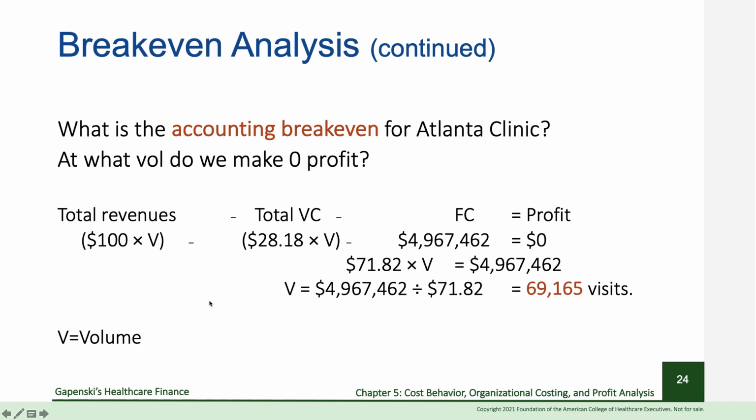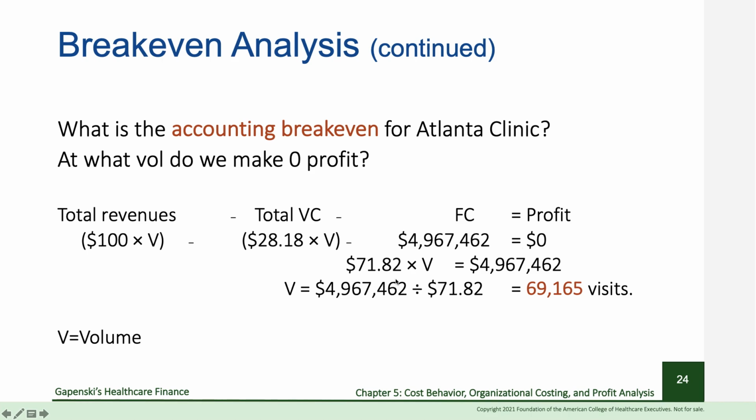So here is the break-even analysis for Atlanta Clinic. We are talking about the accounting break-even here, and at what volume do we make zero profit? The total revenues is 100 multiplied by the volume, and you subtract the total variable cost. Remember, the variable cost rate is 28.18 for Atlanta Clinic, multiplied by the volume, and then you subtract the fixed cost, and that gives you zero profit.